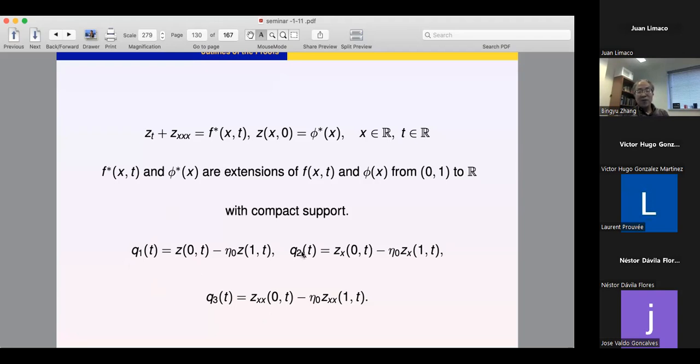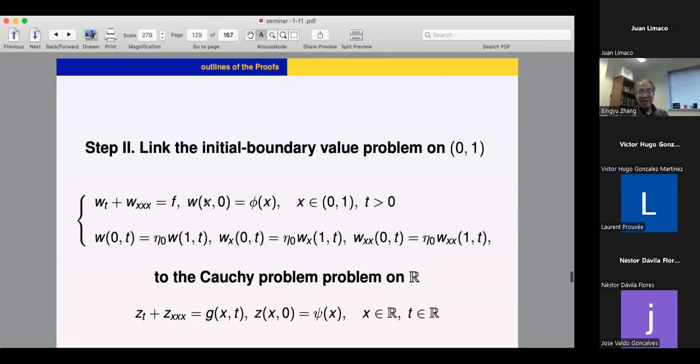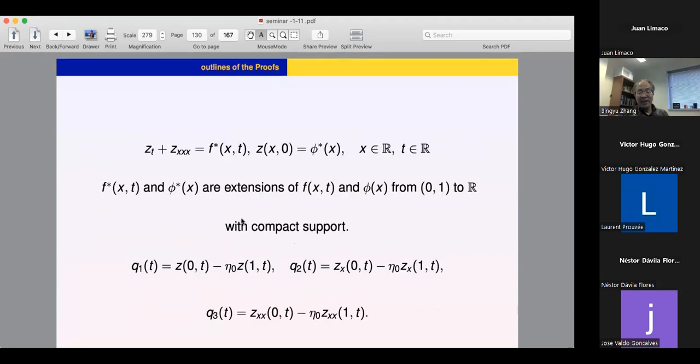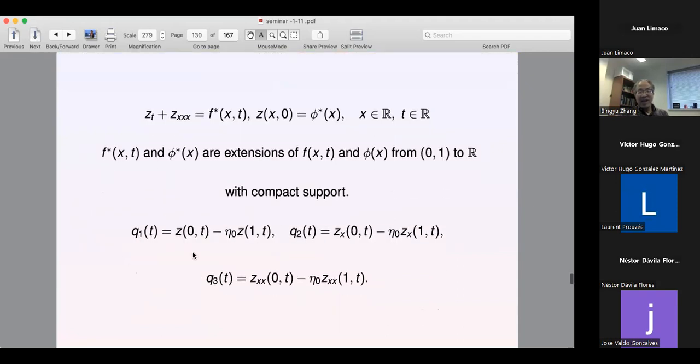Of course, if q1, q2, q3 are 0, then immediately you get a solution of this problem. But there's no reason that q1, q2, q3 have to be 0. In fact, it's not 0 at all. So I put the phi star here, solve for z, and I get the q1, q2, q3.